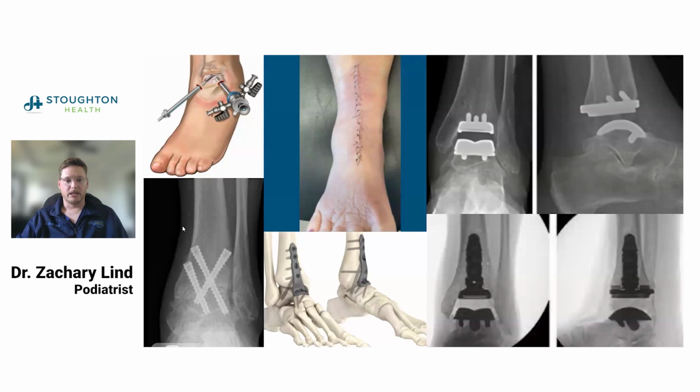And then through small poke holes, we have access that we can get screws into the ankle joint. So, very small holes for the actual prep of the joint and the removal of the cartilage, as well as very minimal incision for the actual fixation, or placement of hardware and screws, for the ankle joint.